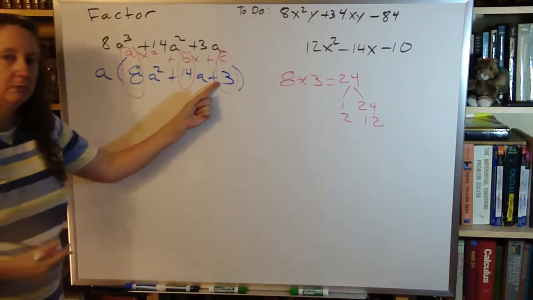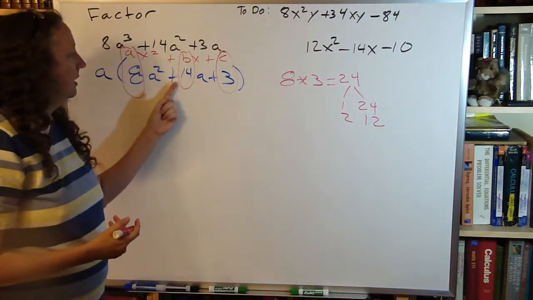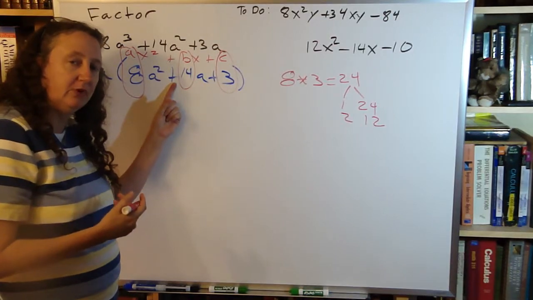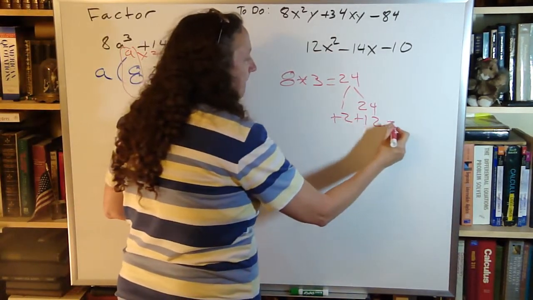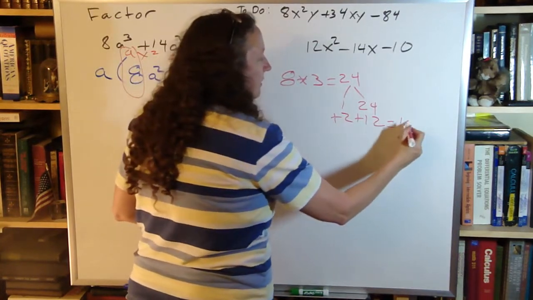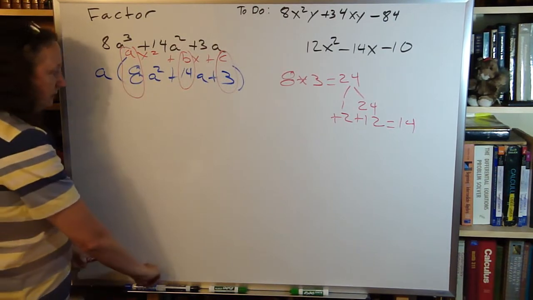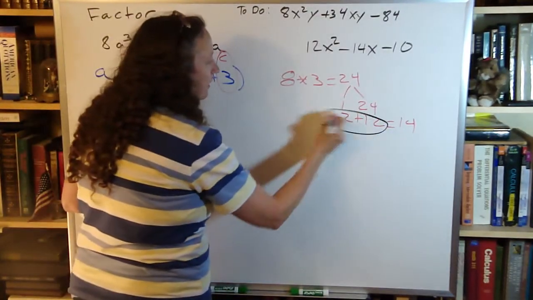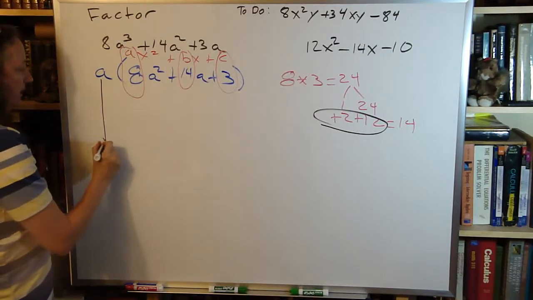Positive number for c, so both signs are the same. Positive number for b, so that tells me that both signs are positive. 2 plus 12, 14. Yeah, that's what I want to use. So I have my a, I'm just going to carry it down.